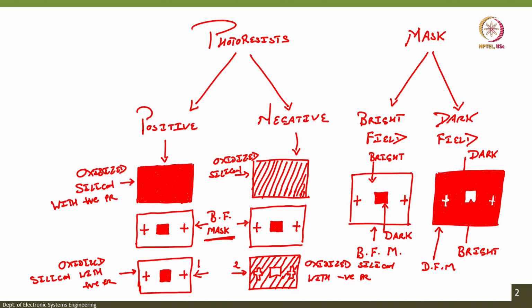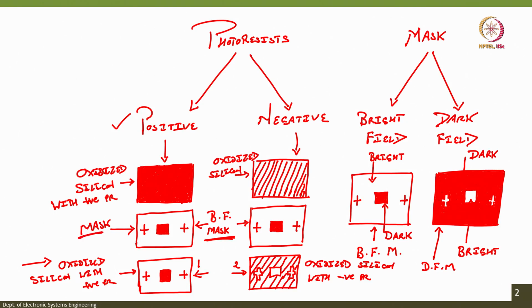are different, right. For positive photoresist it is the same as your mask, right, correct, this is your mask. So, if you see the positive photoresist, in this case we have the final pattern which is this one, the pattern is similar to the mask.